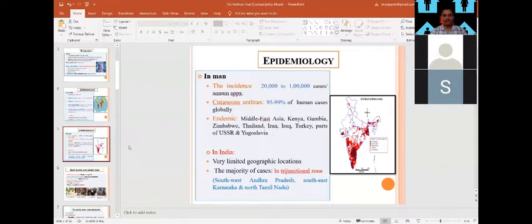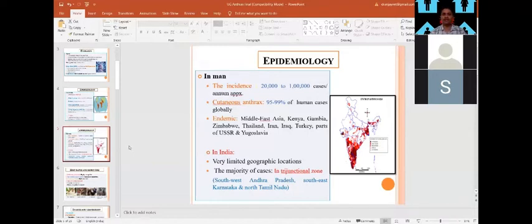It is endemic in the Middle East and Asia. Human cases occur in Kenya, Gambia, Zimbabwe, Thailand, Iraq, Iran, Turkey, parts of the USSR, Yugoslavia, and likewise. In India, human anthrax occurs in very limited geographical locations, and the majority of cases occur in the trijunctional area formed by southwest Andhra Pradesh, southeast Karnataka, and north Tamil Nadu.